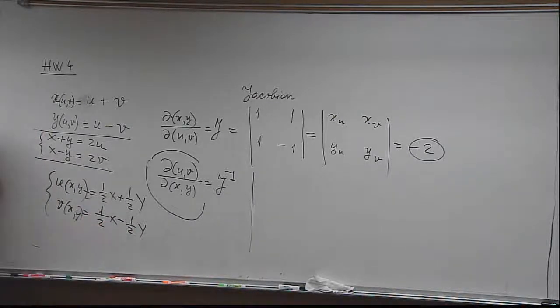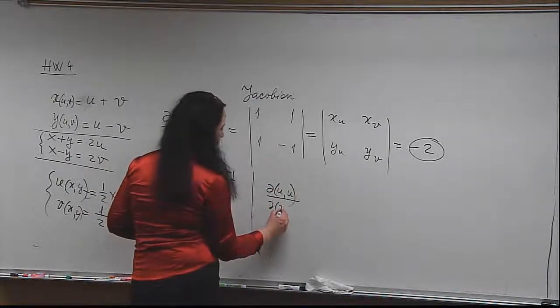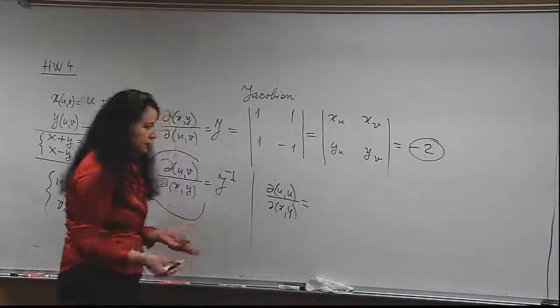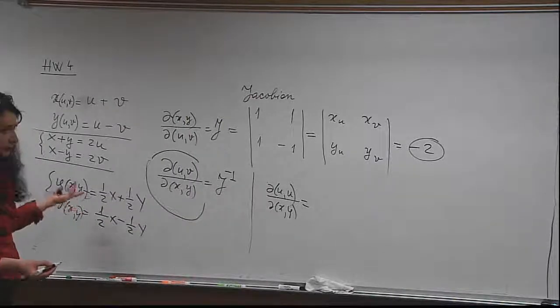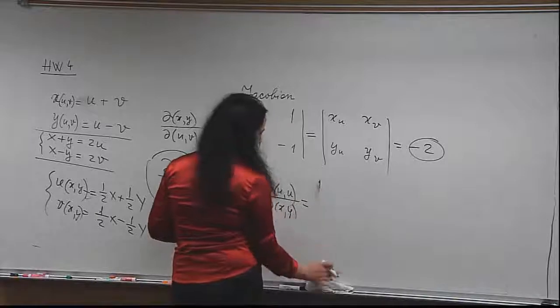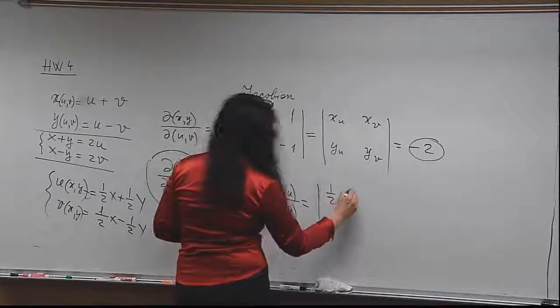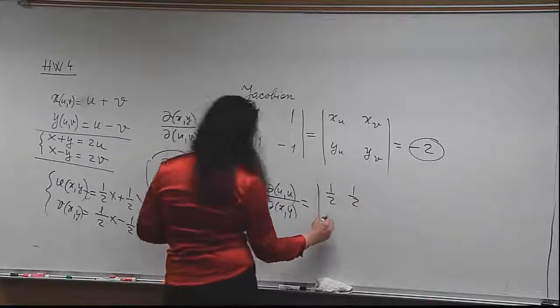And then what does the student say? I know what I'm going to do. Just by the same definition, I take the partial derivatives of u, v with respect to x, y. As I have an inverse function and I knew how to invert the system, I get the matrix with 1/2, 1/2, 1/2, minus 1/2.